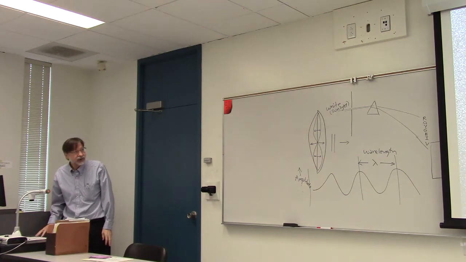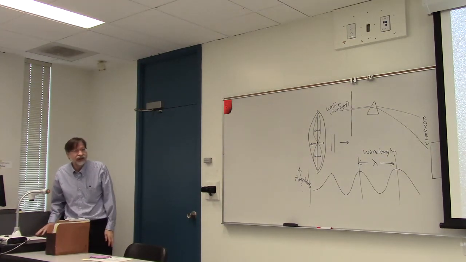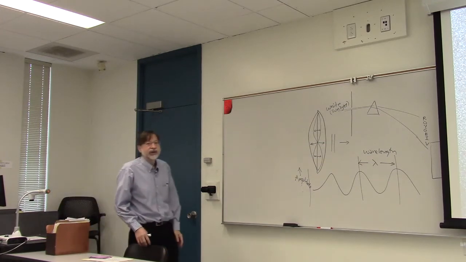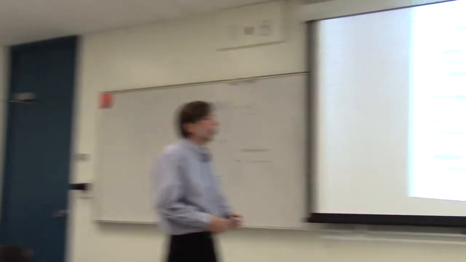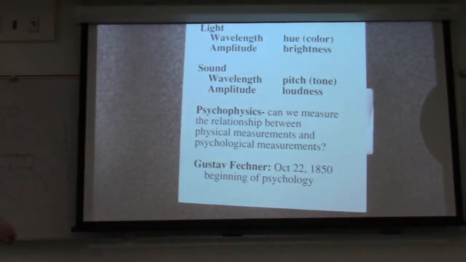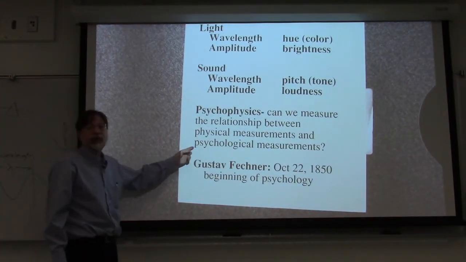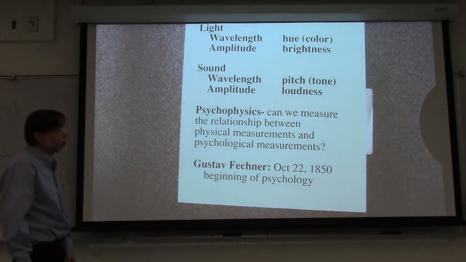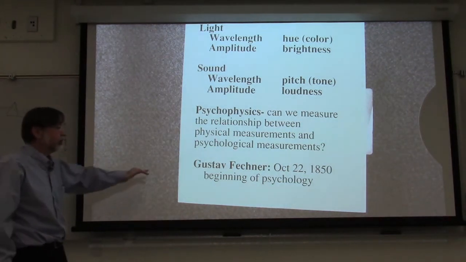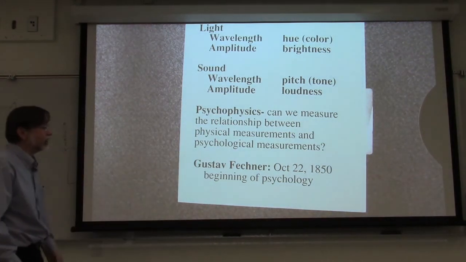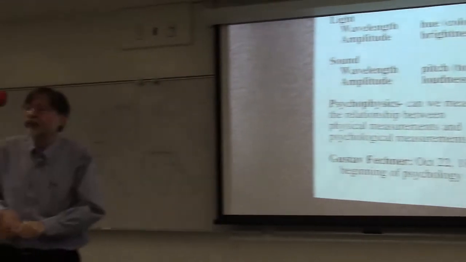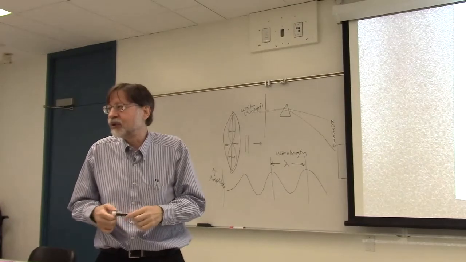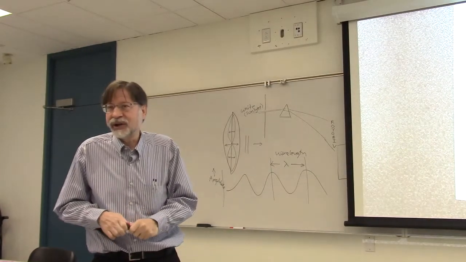Now, one of the questions that was asked, and you read about this in chapter 1 of CALET already, telling a bit about the history of psychology, is can you measure the connection between physical measurements and psychological measurements? This was originally thought of by Gustav Fechner in the morning of October 22nd, 1850, when he was in bed wondering how come people hadn't paid attention to his 7 books on the mind-body problem in philosophy.